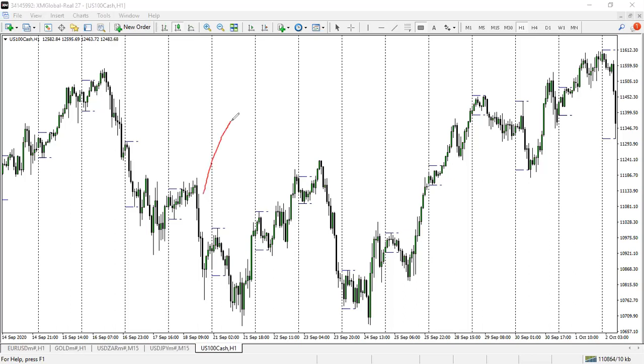Something like this. This is the breaker that took out this high, right? And this is the mitigation block.